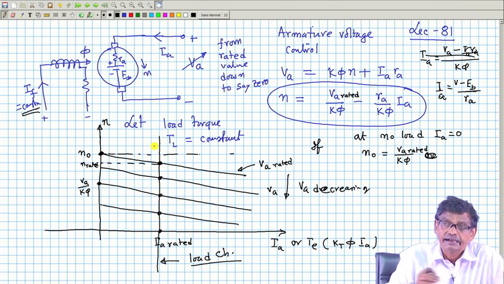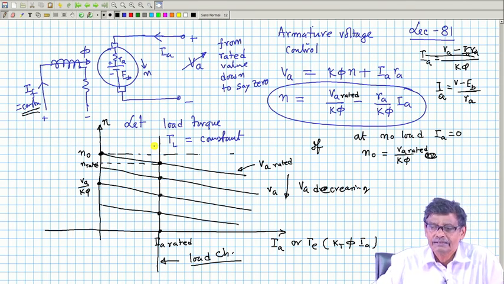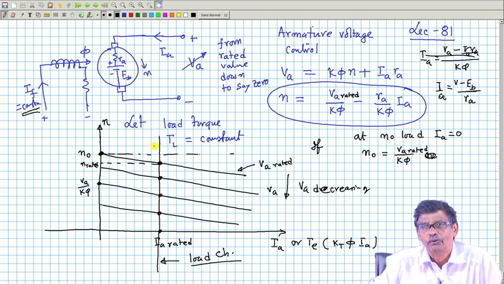Now, in earlier days, to have a variable DC supply voltage itself was a problem, because using a transformer, an auto transformer from a fixed AC voltage, you can get variable magnitude AC output voltage.